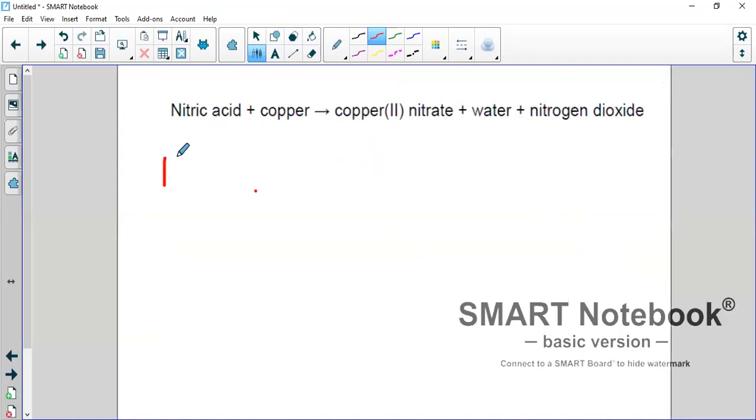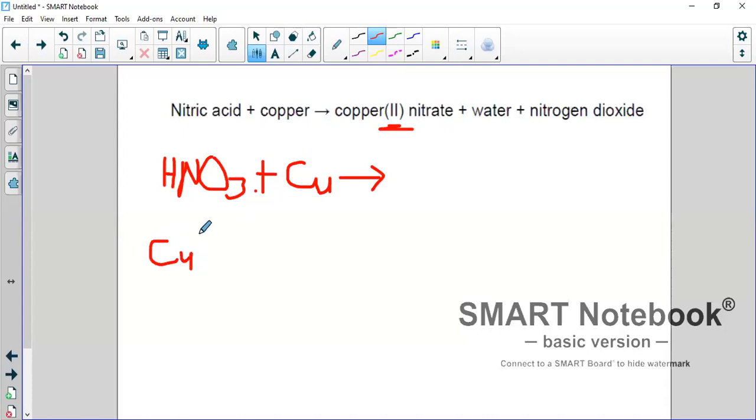Nitric acid is your HNO3. Plus your copper. Copper is just a metal, so you're going to have your Cu. To give you copper nitrate. And the 2 in Roman numerals is telling you that Cu is 2 plus. And it's bonding to nitrate, which is NO3 minus.